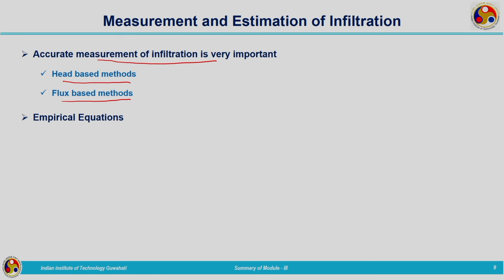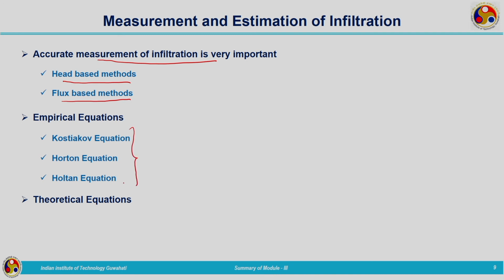The cumulative infiltration depth curve was an increasing curve as in the case of a mass curve, and the infiltration rate curve was a decreasing curve. Empirical equations, and then we have seen the theoretical equations. So, the three different empirical equations which we have seen are Kostiakov equation, Horton's equation and Philip equation.